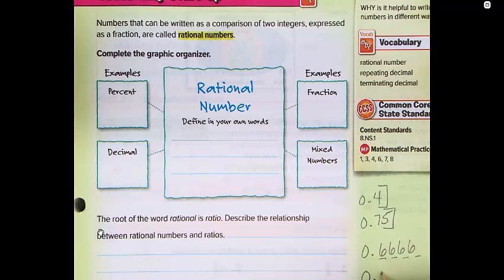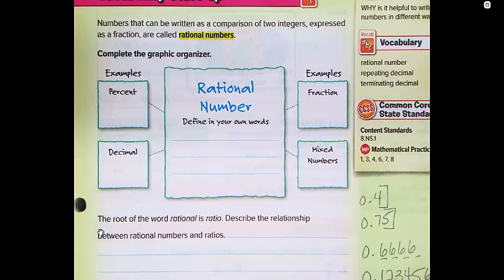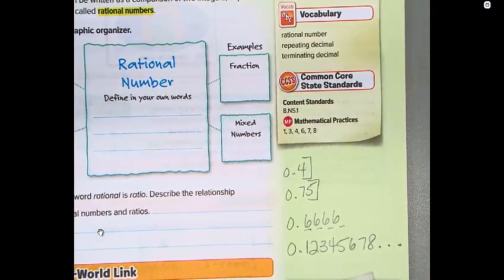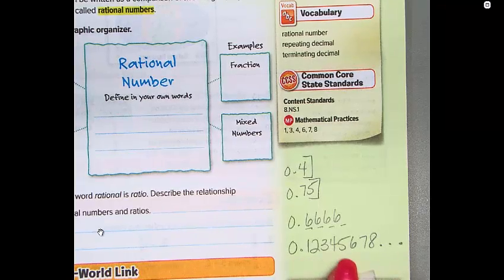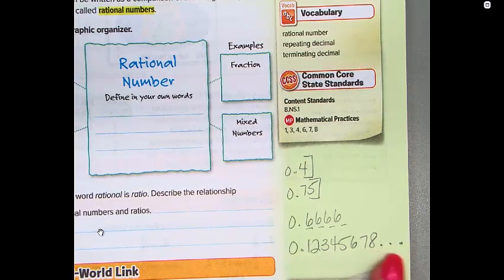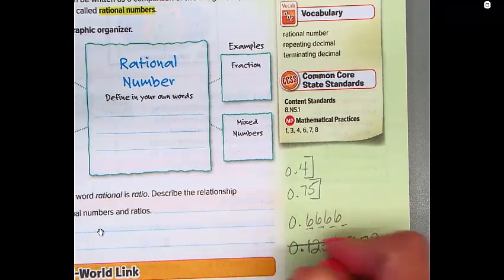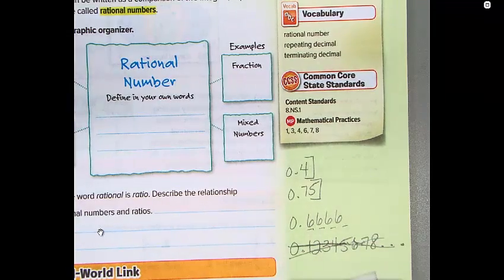So a number like this. If it went on forever in this pattern, I can see none of those numbers repeat themselves, and I don't know where it ends because it continues on infinitely, meaning it does not have an end that I can see. So this would not be a rational number. Out of that list, this is the one that is not rational.